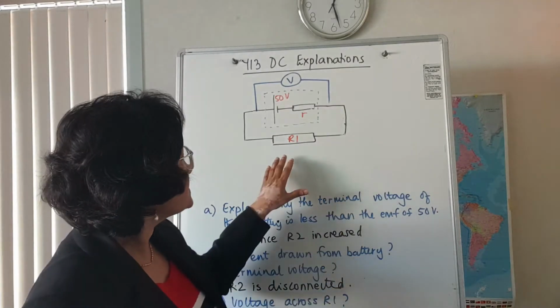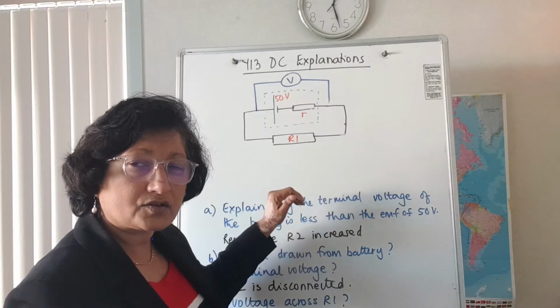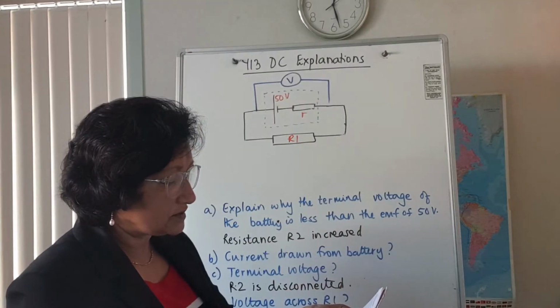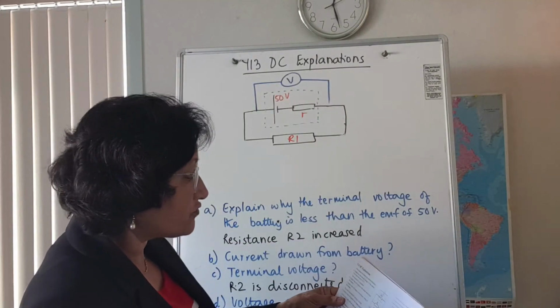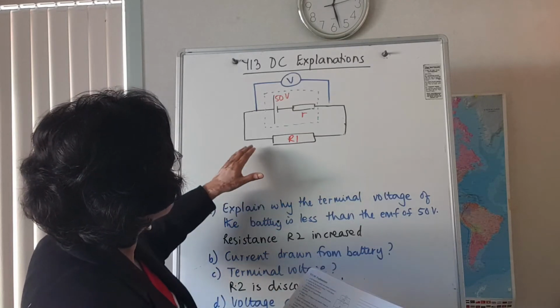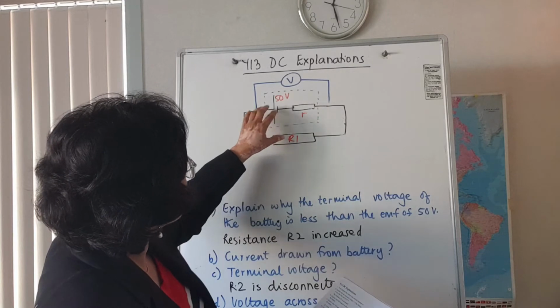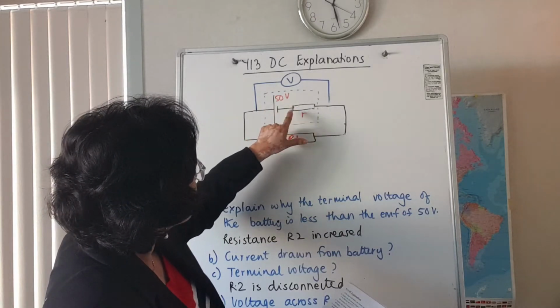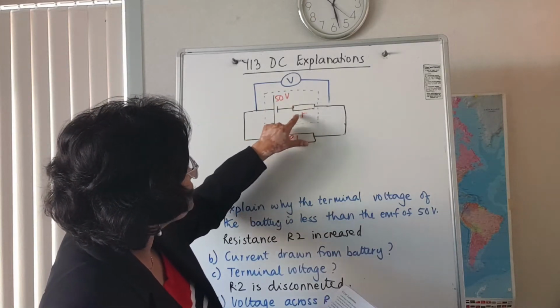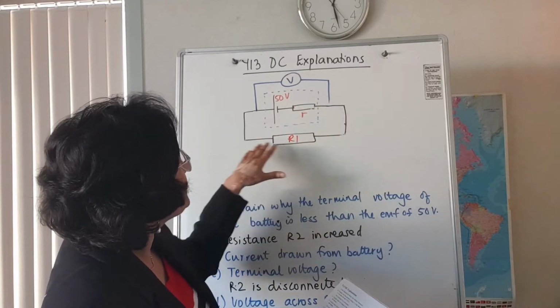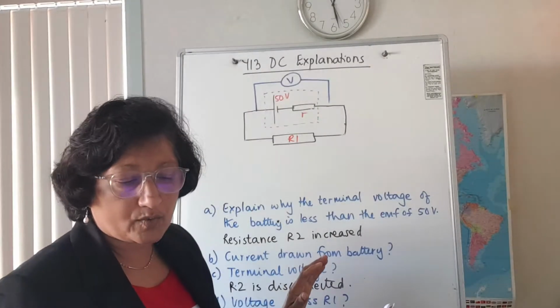So if the resistance has increased, then the current is going to get smaller. So it's a smaller current, so a smaller potential drop over the internal resistance, so a larger voltage across R1.